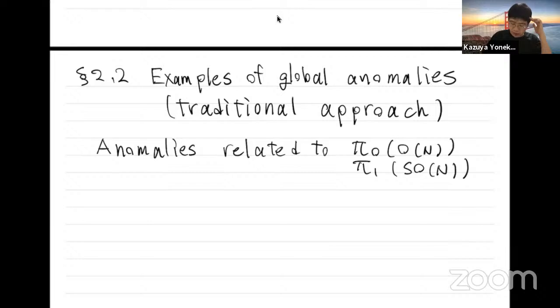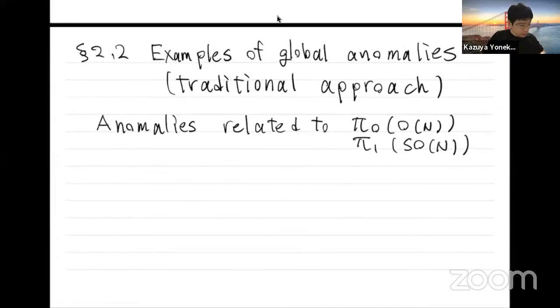We can consider any N. So we can consider O(N) and SO(N). And explicitly, I consider a one-dimensional system. One dimension means that I just consider quantum mechanics. So I consider one-dimensional, maybe I should say 1 plus 0 dimensional. So I consider a 1 plus 0 dimensional Majorana fermion.